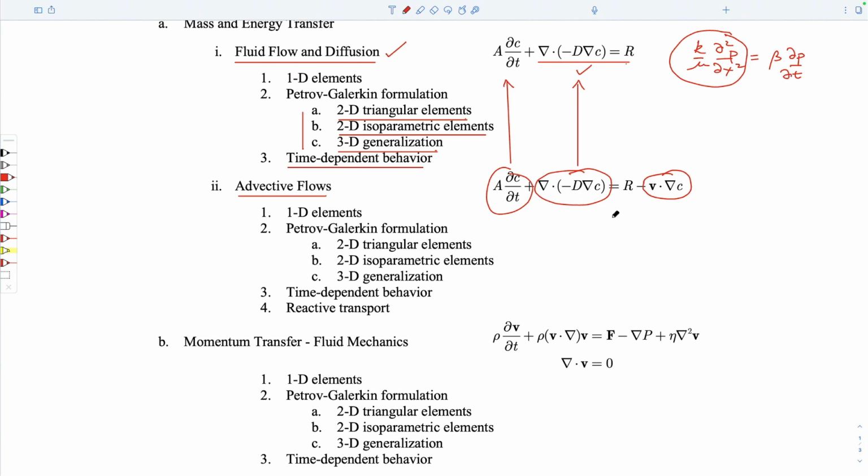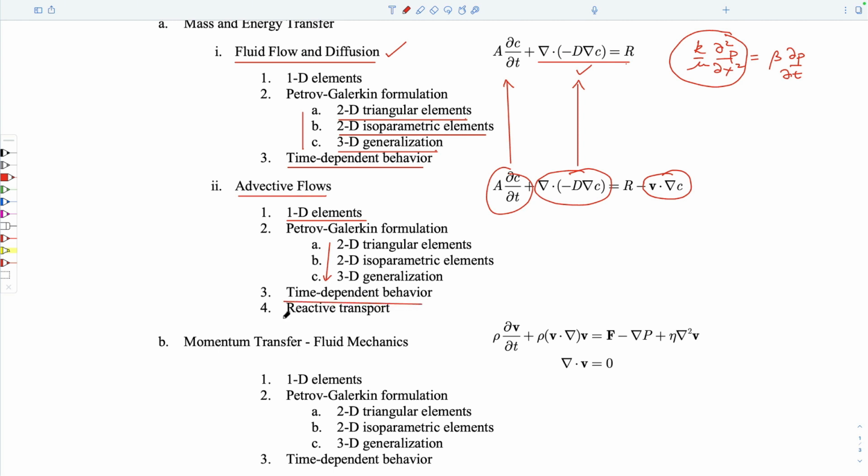One might be completely dominant, in which case you can get rid of one of the terms, but they might both act in unison and to similar magnitudes. So in many cases you can ignore one of them, but in some cases you have to accommodate both of them. Again, you'll see the same format: 1D flows, multidimensional behavior, and then time-dependent response.